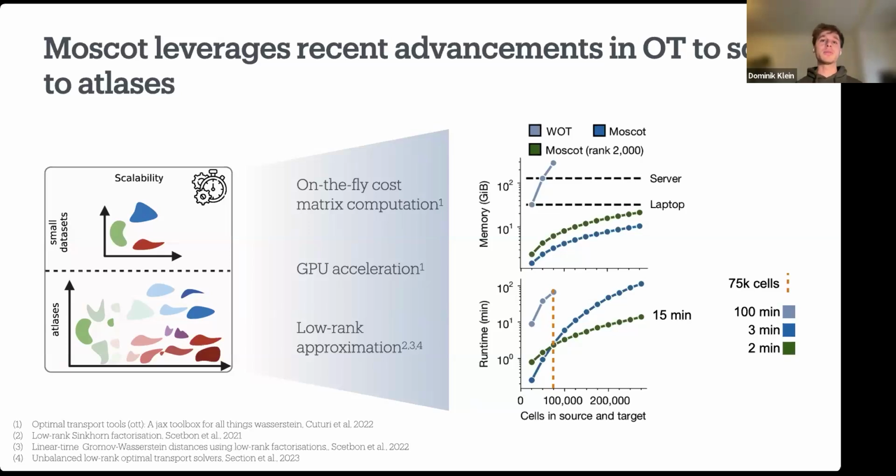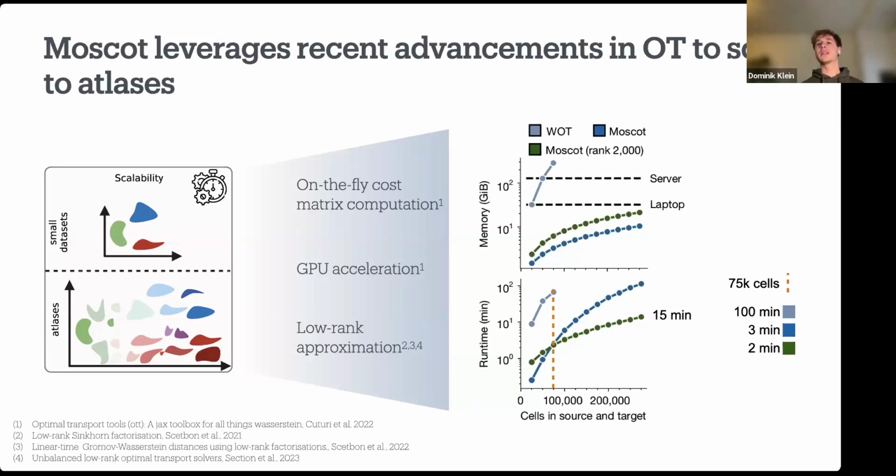In particular, that's Meyer Scetbon, another student of Marco Cuturi, who really pushed these developments, and that allows us to get to linear time and memory complexity across all applications. So what does that mean in practice? We compared moscot and the low-rank version of moscot to Waddington-OT.